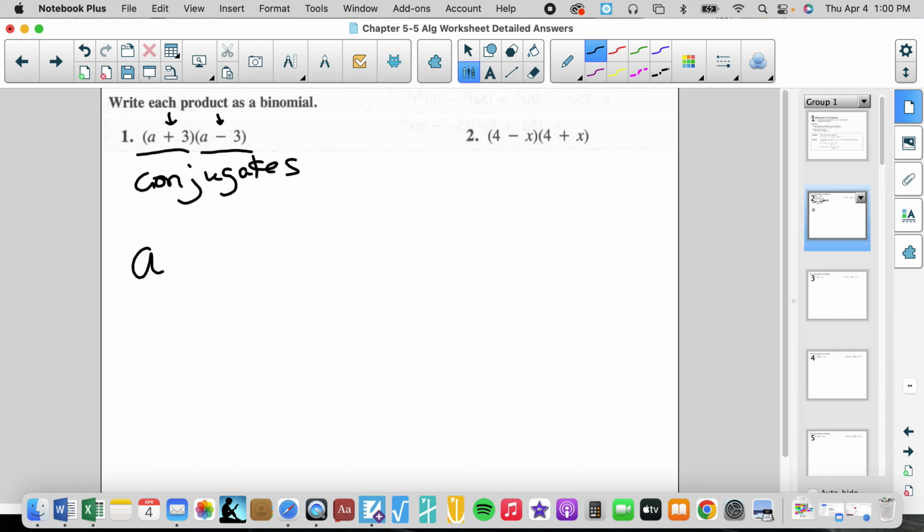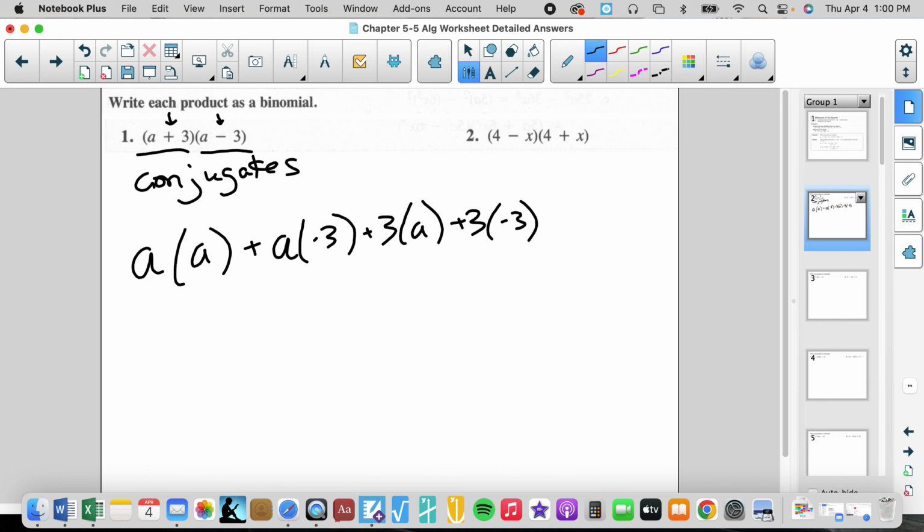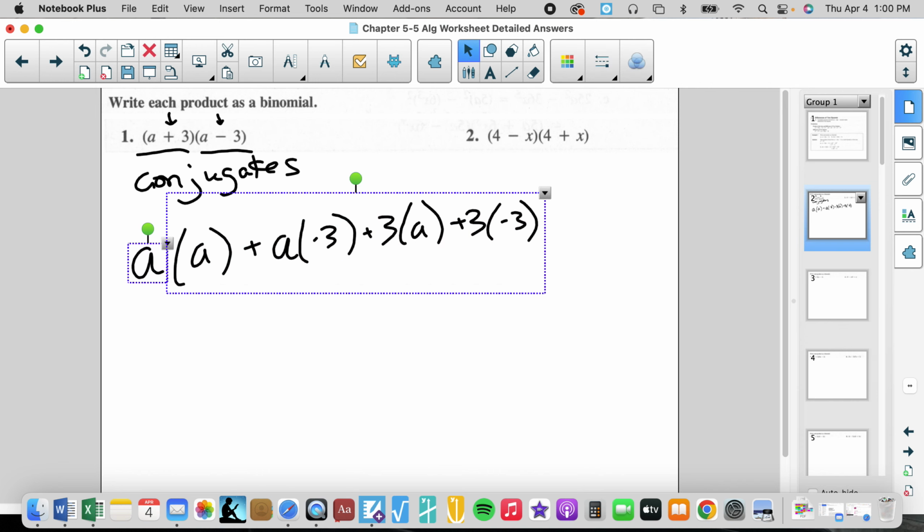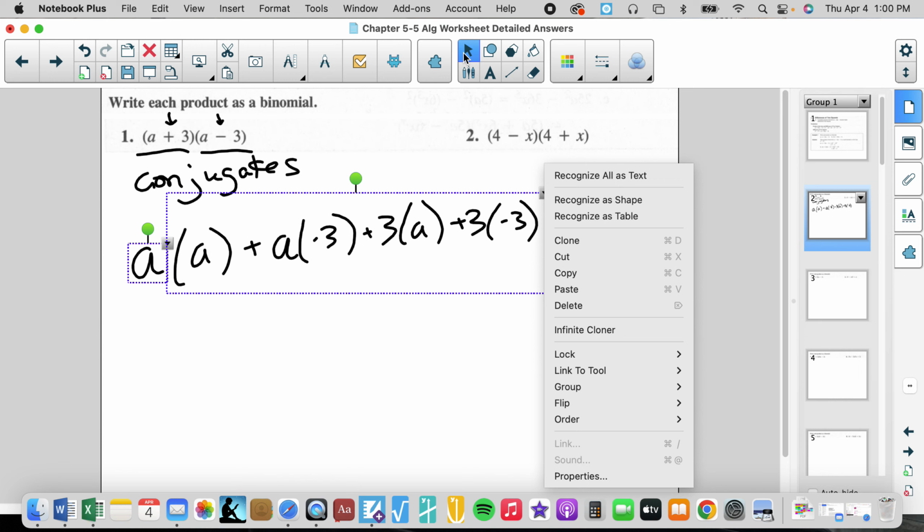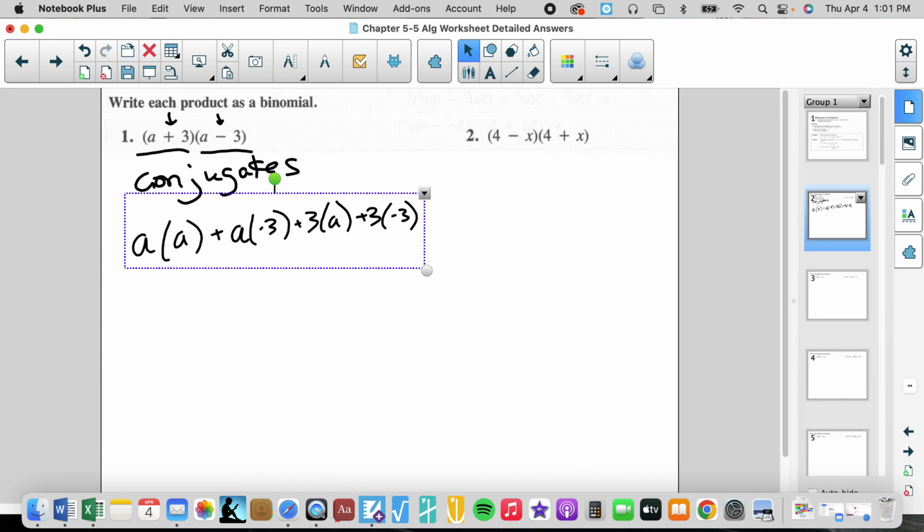Well, if we do FOIL, first is a times a, outer is a times -3, inner is 3 times a, and last is 3 times -3. So I'm going to make that all a little bit smaller so we don't run out of space real quickly.